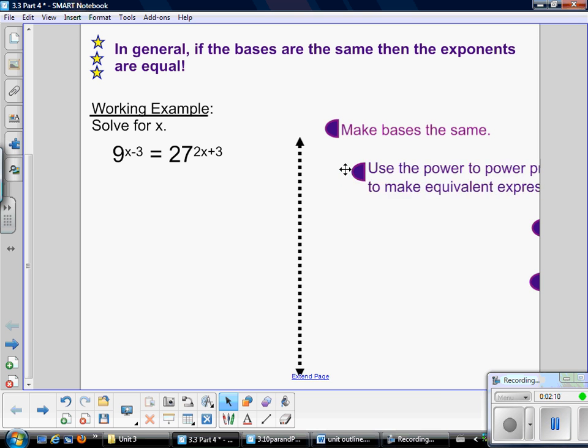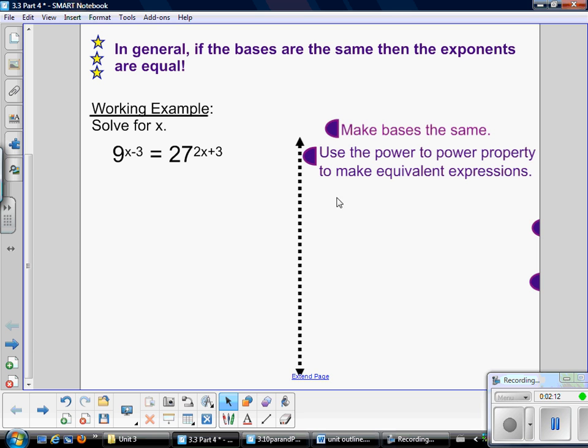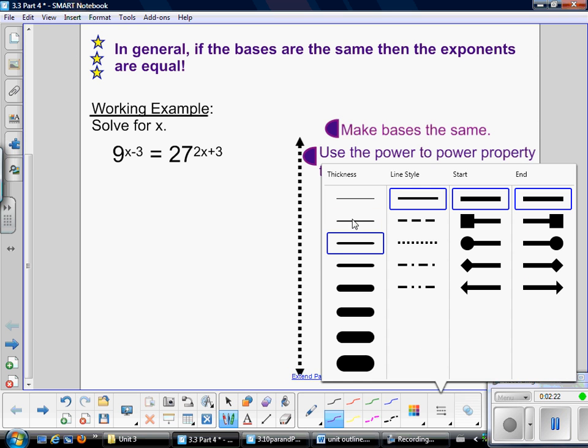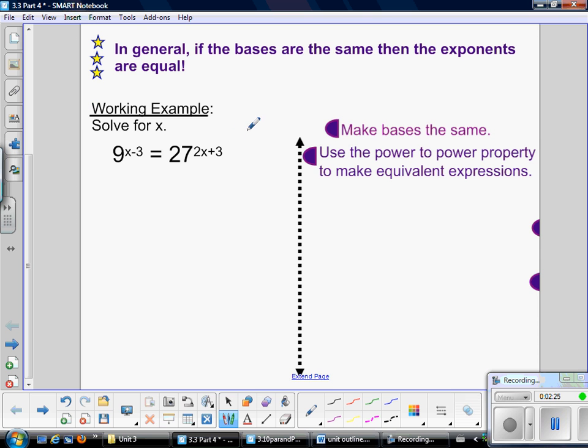So we're going to use the power to power property to make the expressions equivalent to each other. We're going to change 9 so it is 3 squared, and I'm going to change the 27 so it is 3 to the power of 3.